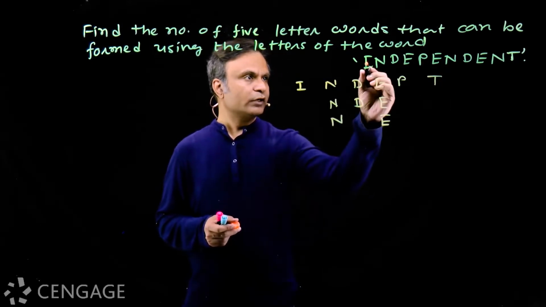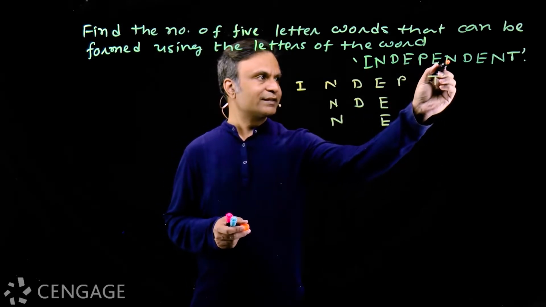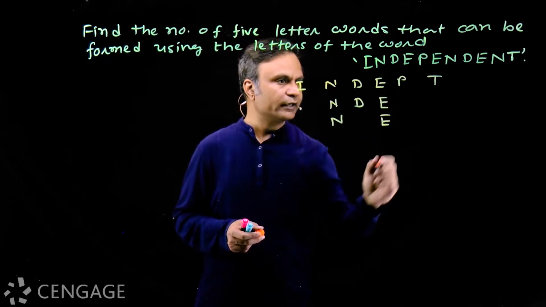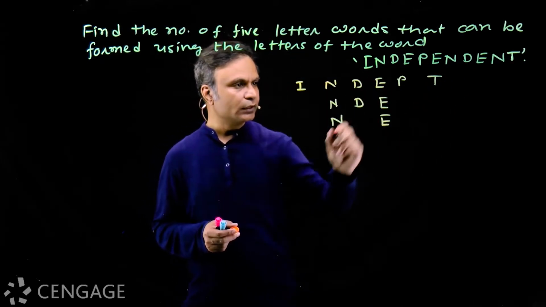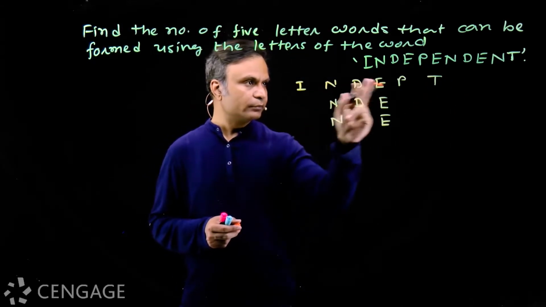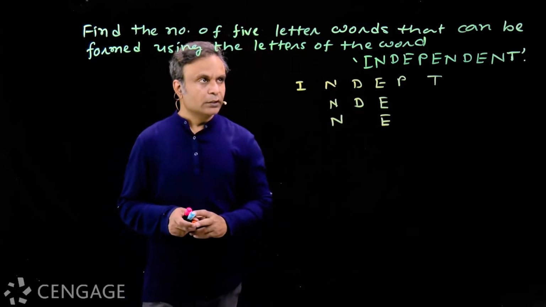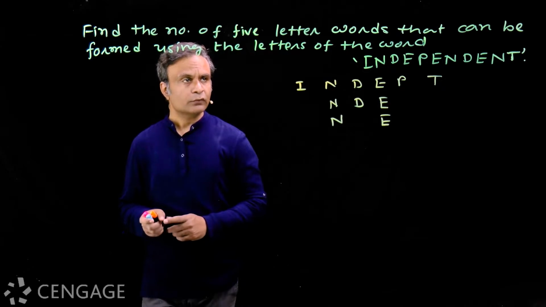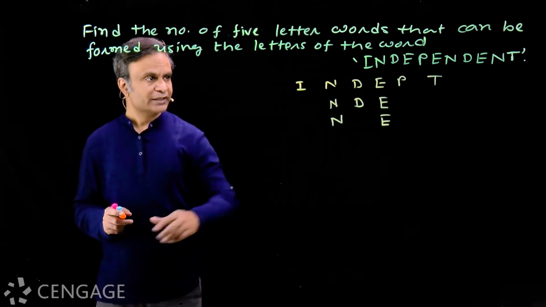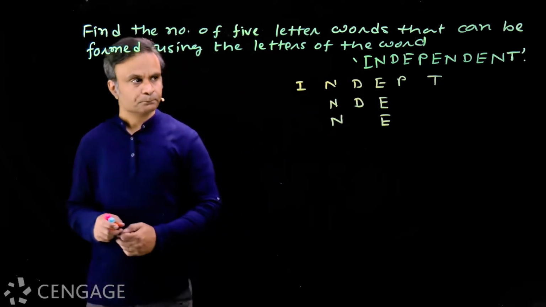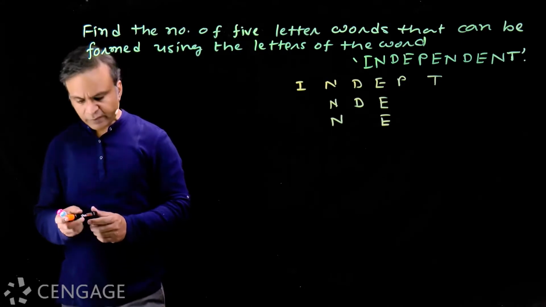We have total 1, 2, 3, 4, 5, 6, 7, 8, 9, 10, 11 letters. Here we have 3 plus 3, 6 plus 2, 8 plus 3, 11 letters. Now we have to form words of 5 letters using letters of this word. So here we make cases.